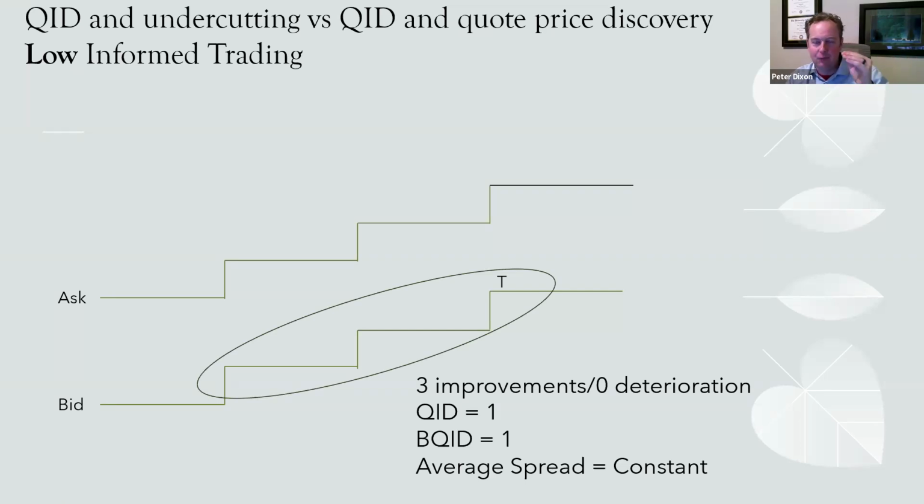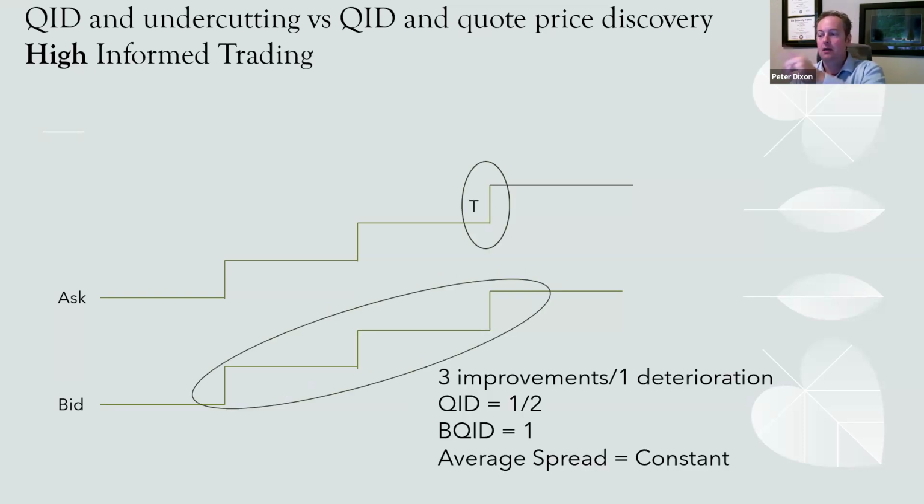But if we only compute quid on one side of the market, so just throw away all of the trades on the ask side and compute B quid, in the low informed trading setting, B quid is going to equal 1. And in the high informed trading setting, B quid also equals 1. So if we compute quid with just trades on one side of the market, then it shouldn't work.